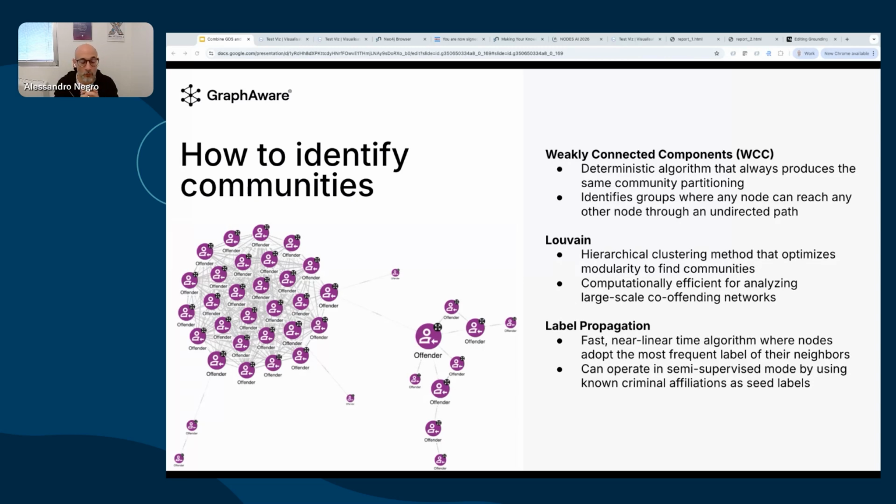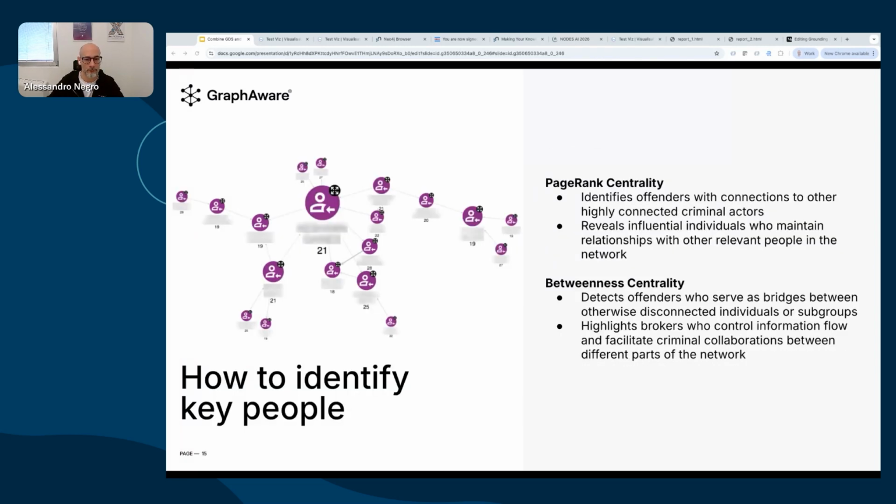My favorite one is often Louvain, because it is a hierarchical clustering method that maximizes the likelihood that two nodes in the same community are connected compared with two in different groups. And it is quite computationally efficient, which means that running on these large networks will provide results quite quickly. So what we did was to run it over our network, and we identified multiple independent communities of offenders that collaborate often together in committing crimes of various types.